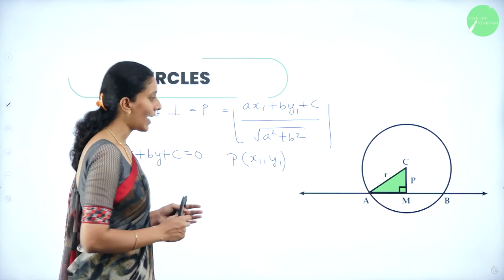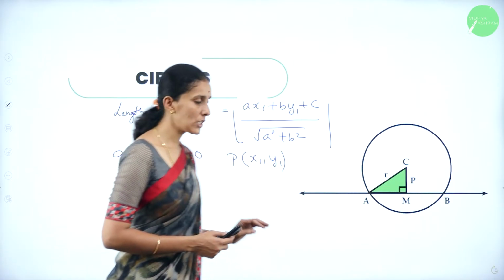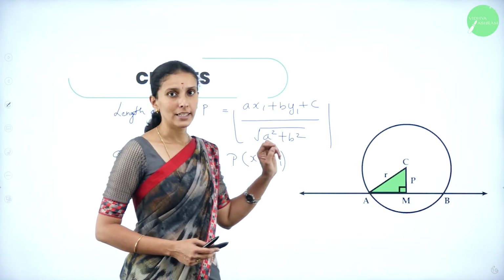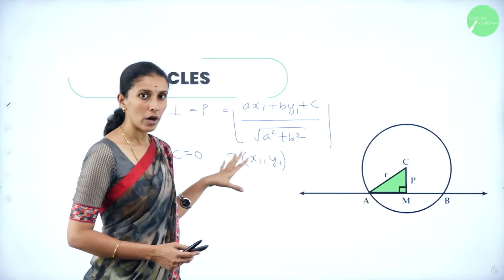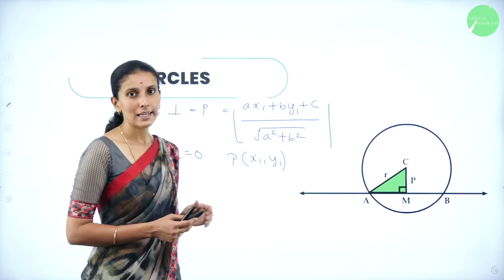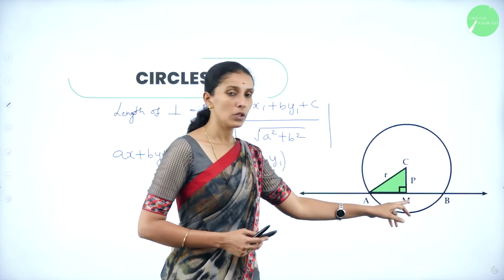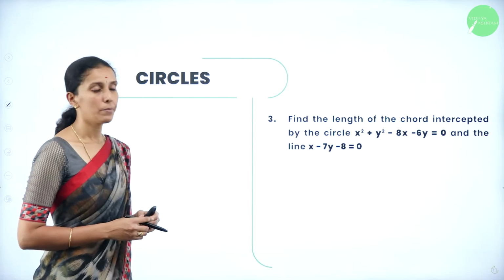Here, while we are calculating the perpendicular distance, the equation will be in this form and the center of the circle is considered as the coordinate point from which we will calculate the perpendicular distance to the line. So here is a problem.